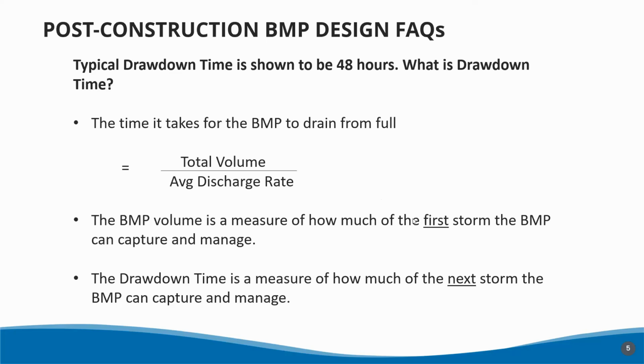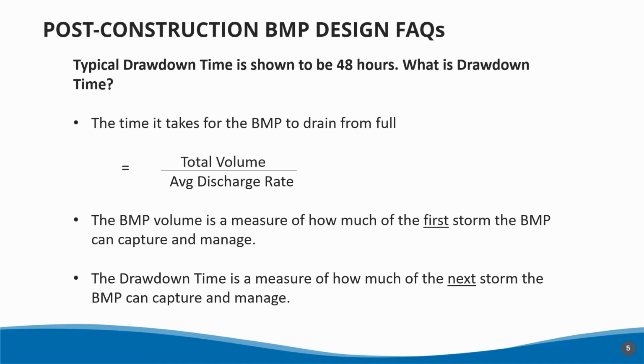Typical drawdown time is shown to be 48 hours. So what is the drawdown time? Basically it's the time that it takes for your BMP to drain from the full condition, which includes any ponding depth that is designed into your BMP. It's the total volume divided by your average discharge rate.